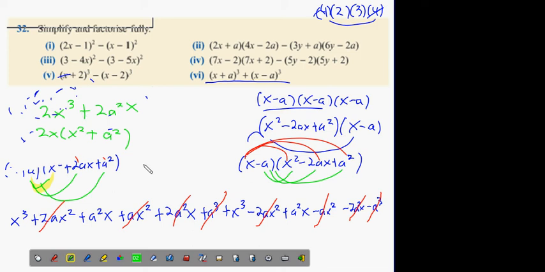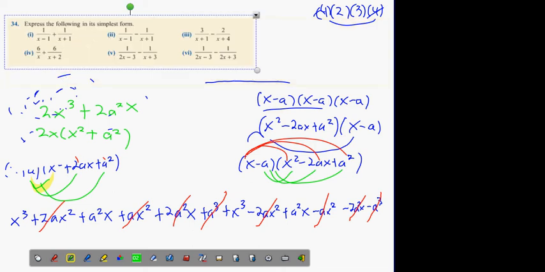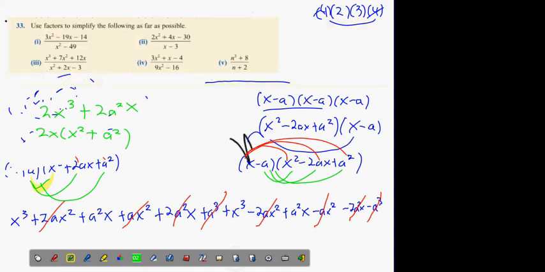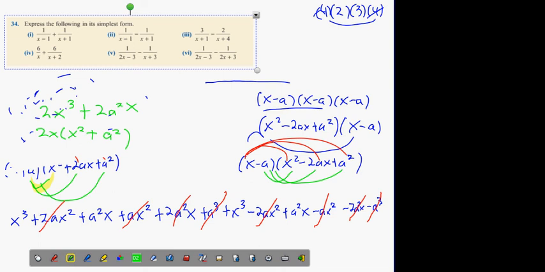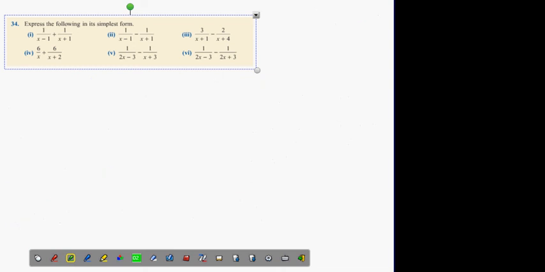Now number 33. Or that's 34. Which one's 33? Alright guys, we already did 33, excuse me, so I'm on 34. Okay, clear page. Now, does anyone remember how to do fractions?